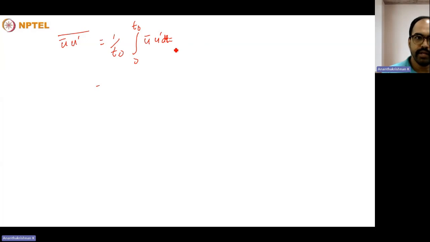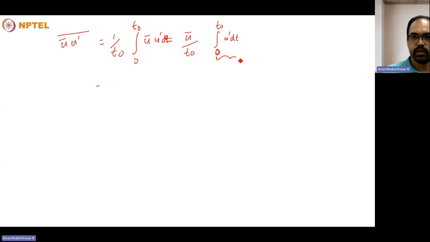This U bar is a mean term, so you can take it out. That's a constant, a time-independent property. So U bar divided by T0 times the integral from 0 to T0 of U dash dt.